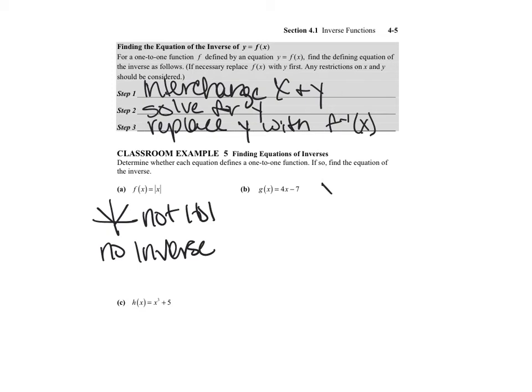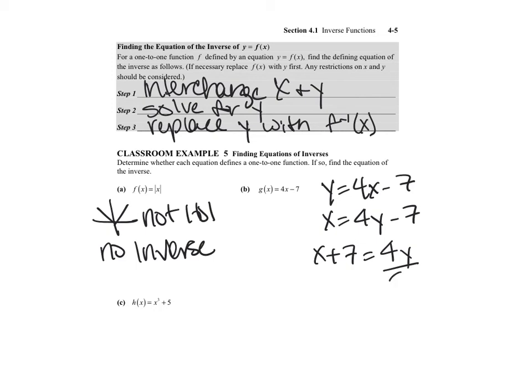So I would do y equals 4x minus 7, switch the x and the y, and then solve for y. So x plus 7 divided by 4 equals y, which equals the inverse.